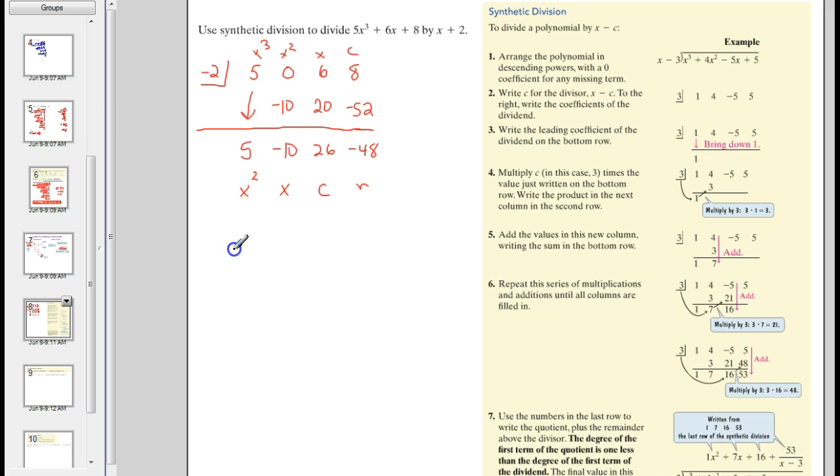So this is 5x squared minus 10x plus 26. You don't have to put the c there. And then because it's negative, we write minus, and then the 48 is your remainder, and you put it over your divisor, which was x plus 2. Remember, just change this sign back and put it behind x. There's our answer.